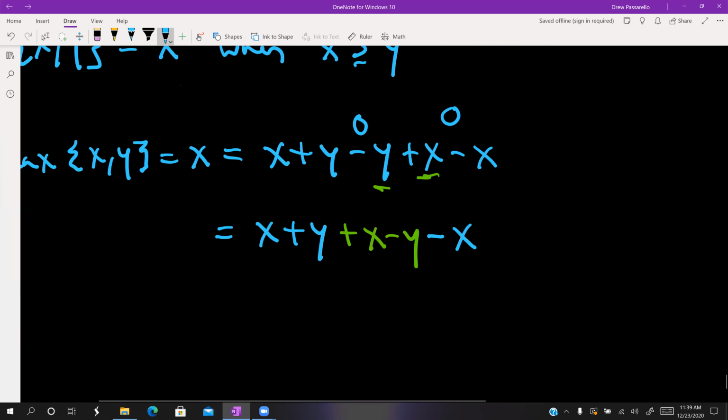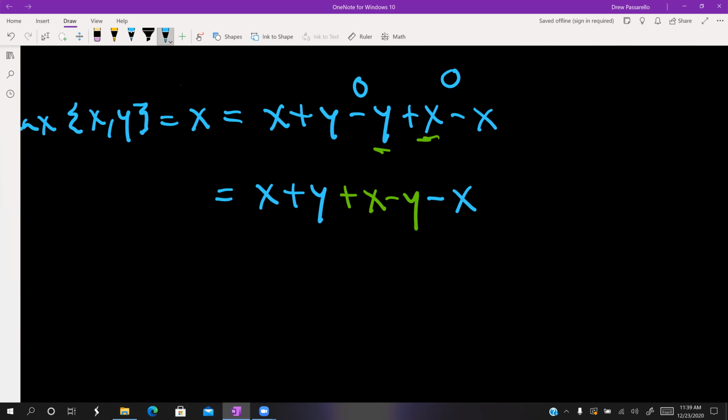So then I can replace the x minus y in green with the absolute value of x minus y. And then I have minus x. Well, another property with the absolute value, switch the order of the difference.